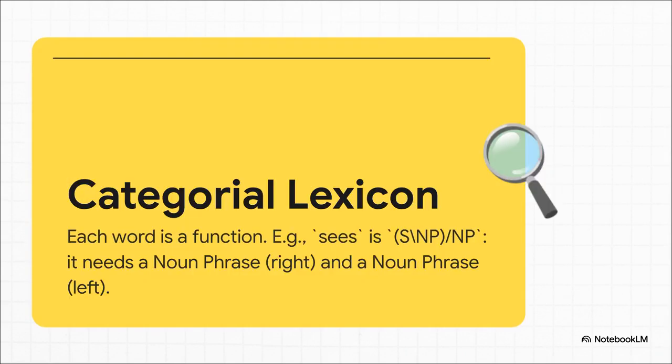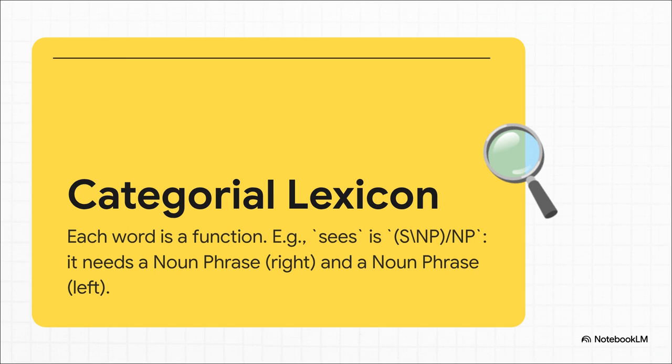So in this system, every word has a special entry in the dictionary, a categorial lexicon, that basically defines its job. Let's take the verb seize. Its category looks a little bit like code, (S\NP)/NP. The slashes tell you everything you need to know. That /NP means it's hungry for a noun phrase, the object, on its right.